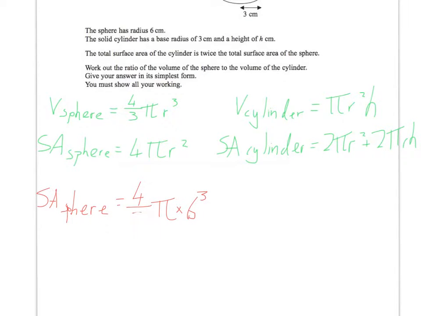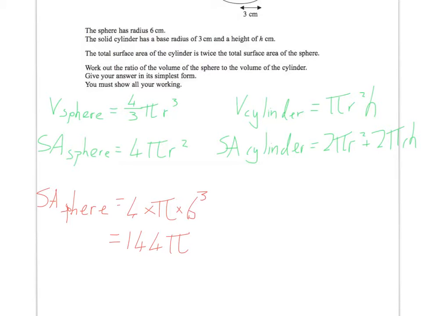Good job I just checked that. Don't get this confused. It's 4 times pi r squared, which, when you put that into your calculator, if you've got a nice calculator, will tell you 144 pi. Absolutely no point in changing that.